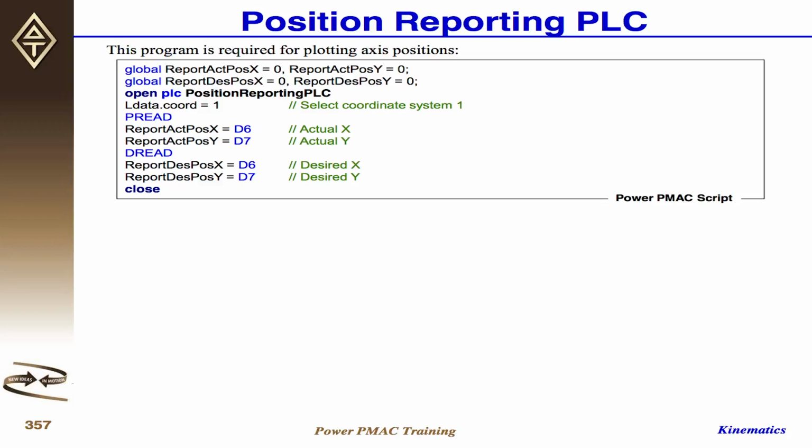The P read is the actual position for the axis. The D read is the desired position of the axis. So there might be some difference, but usually we just do the report in here. So later, if you want to plot the trajectory of your robot, you just plot these variables, and you will see the trajectory.